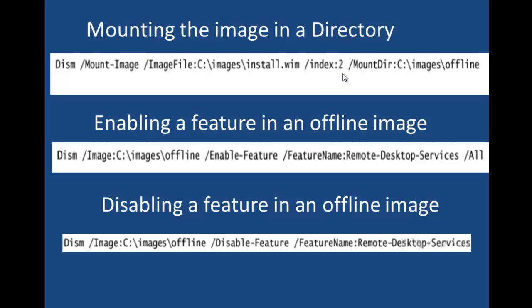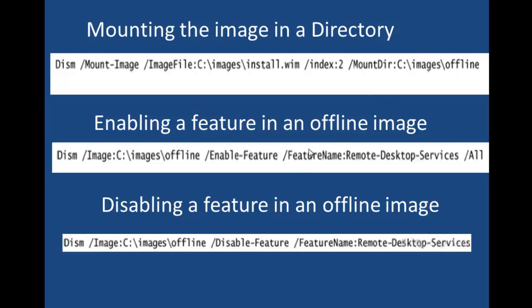Then to mount the image, we're going to use the /mountdir parameter, which will mount that image in the offline folder within the images directory. Once you have done that, you're good to go. Now you are able to use DISM to actually point to the image.